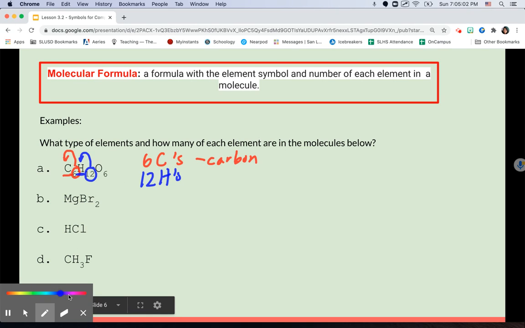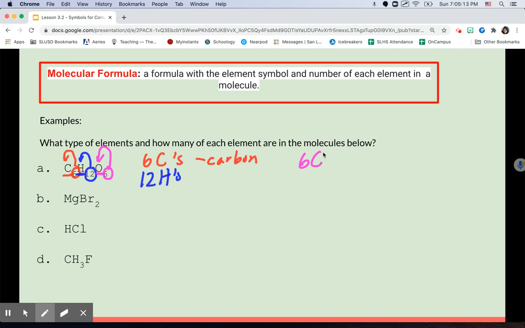And then finally, in this last one, there's another capital letter, and then the number 6 after. So I also have 6 O's, or oxygens, right? So in this molecular formula, I have 6 C's, or carbons, 12 H's, or hydrogens, and 6 O's, or oxygens.